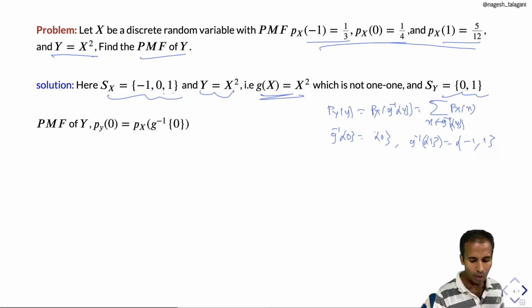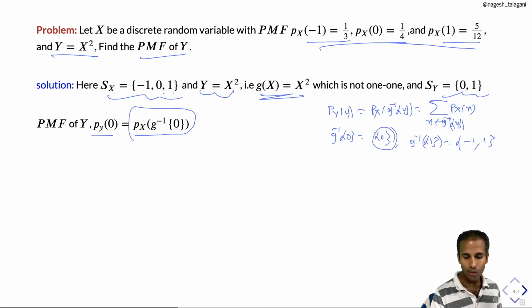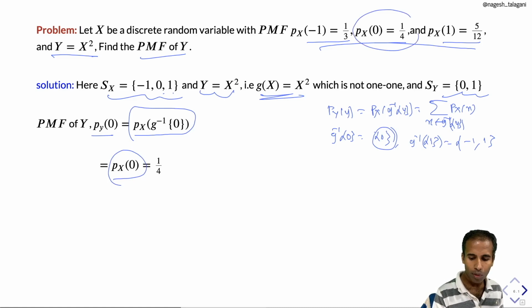Now Py of 0 is going to be what? Px of g inverse singleton 0, but g inverse singleton 0 has only 0, so in the summation we have only one term, that is Px of 0, that is 1 by 4. So Py of 0 equal to 1 by 4. Similarly, Py of 1 is what?